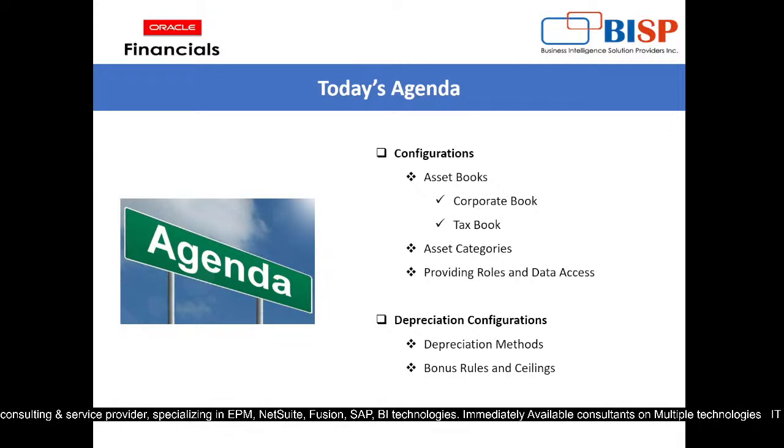Asset books can be of two types: the corporate book and the tax book. And then we need to have the asset categories. These asset categories we assign to our asset books before using them. Before using the asset book, we need to assign the asset categories.